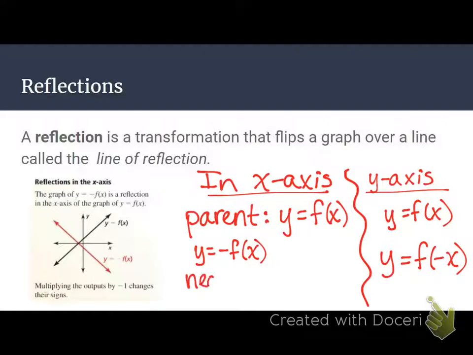So in the x-axis, we negate the outputs, or change the sign on the outputs. For the y-axis, we're negating, or changing the sign on, the inputs. In my opinion, this is easier than translations. You just have to be able to keep your axes straight.